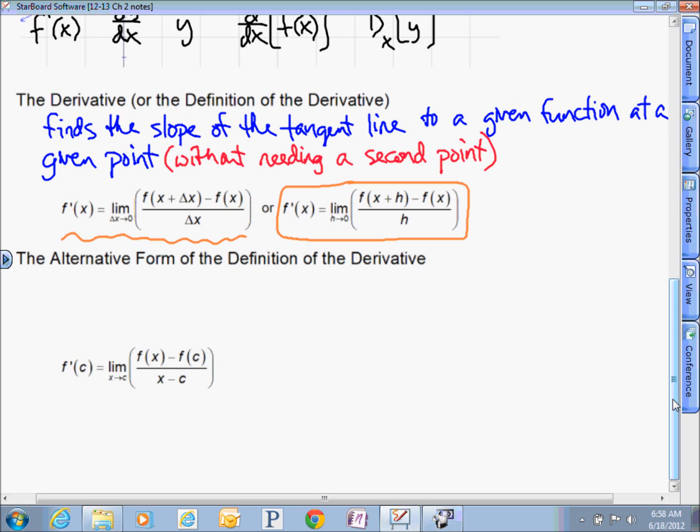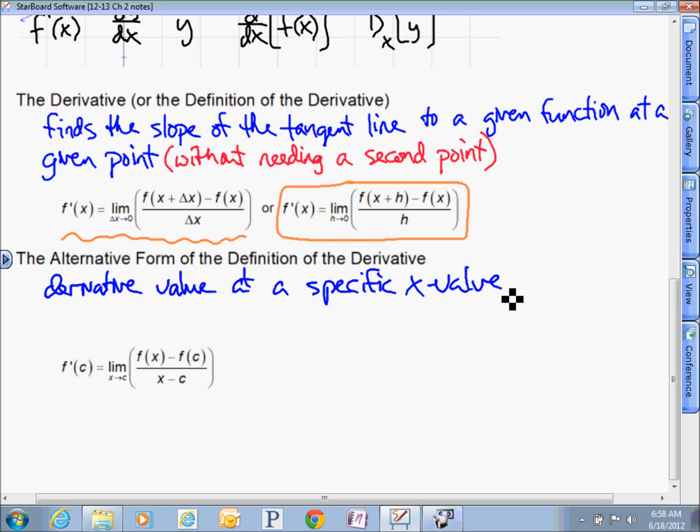Alternative form definition of the derivative. This will give us the derivative value at a specific x. So it'll give us a specific derivative. So f prime of c. So this c right here is a specific x value, like 4, for example.